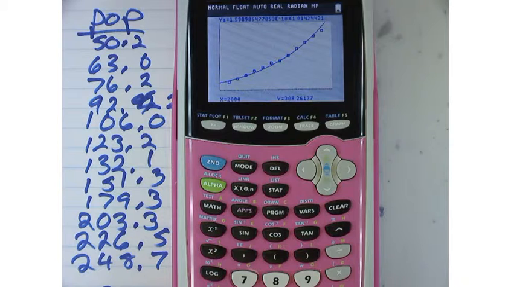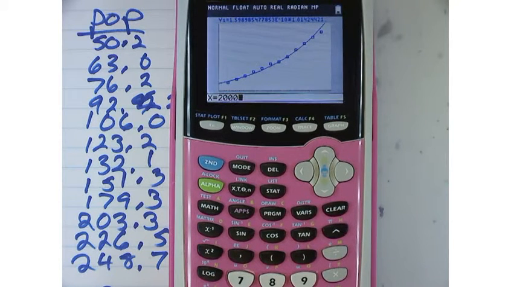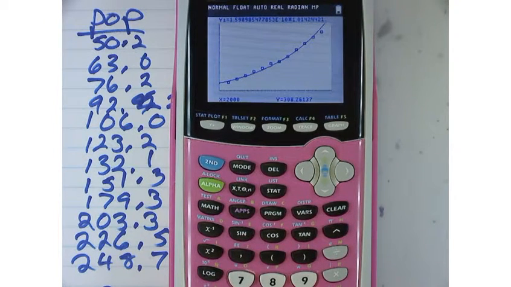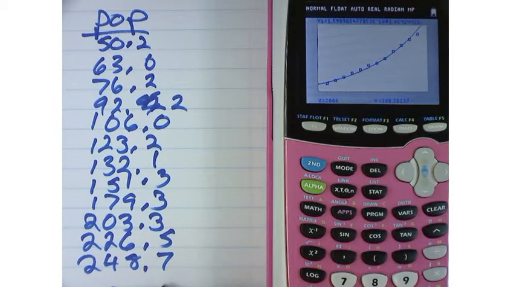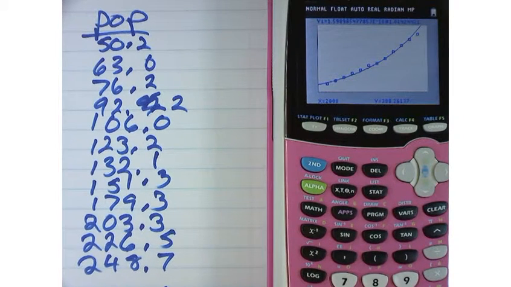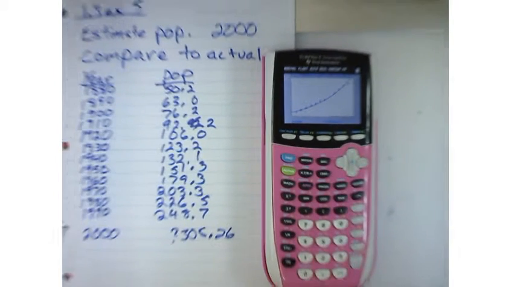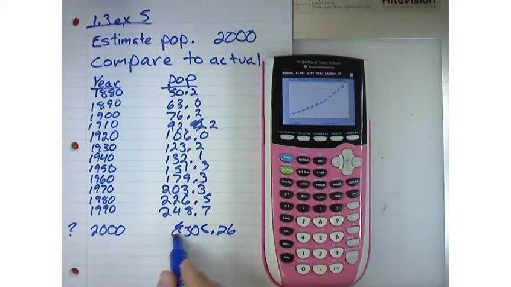Once I'm there, I hit 2000, and then hit enter. And so I get 308.26. So it looks like it'll be about 308,000,000. Does that make sense? Any questions on that one?